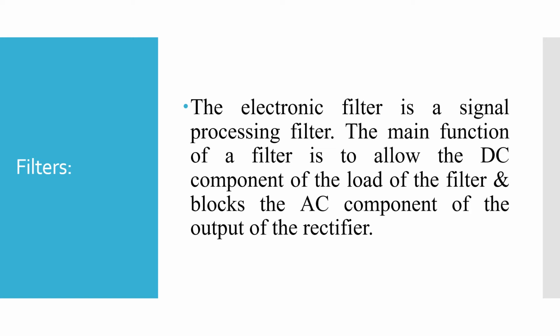The electronic filter is a signal processing filter, and the main function of this filter is to allow the DC component to the load of the filter and block the AC component of the output of the rectifier. Therefore, the filter circuit output will be a stable DC voltage.